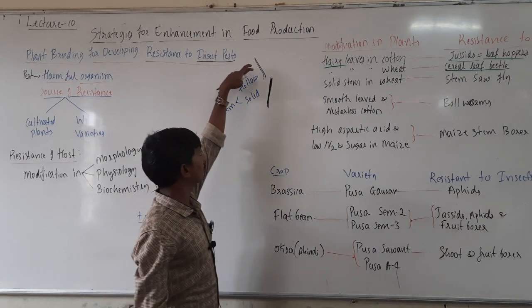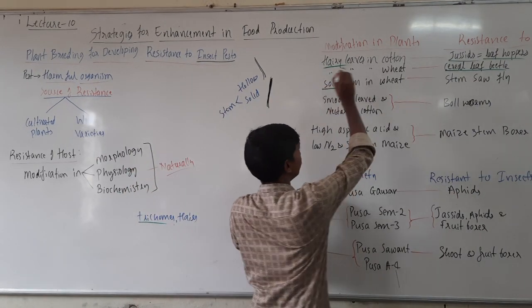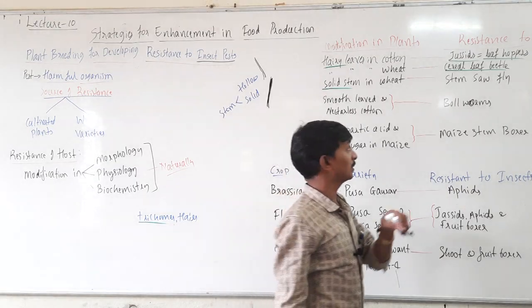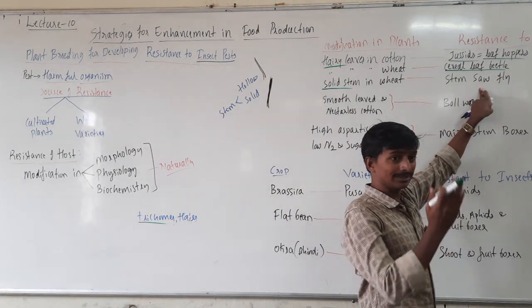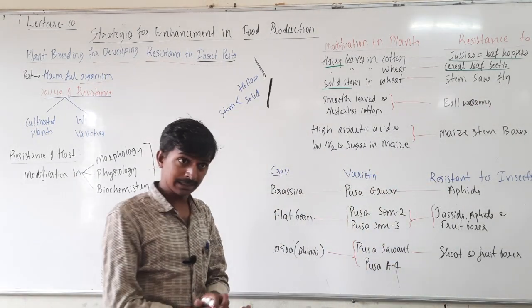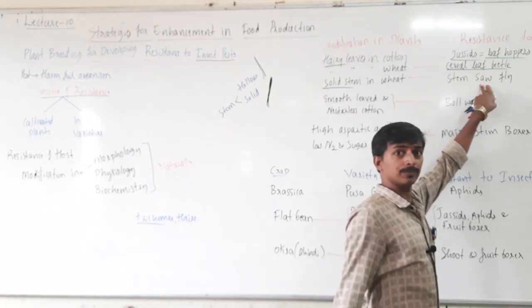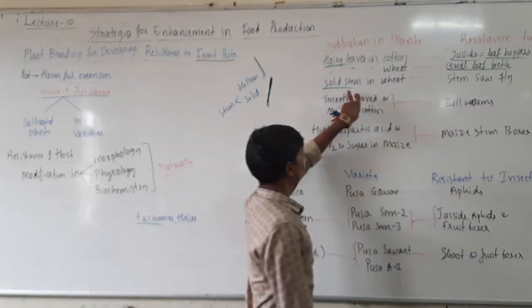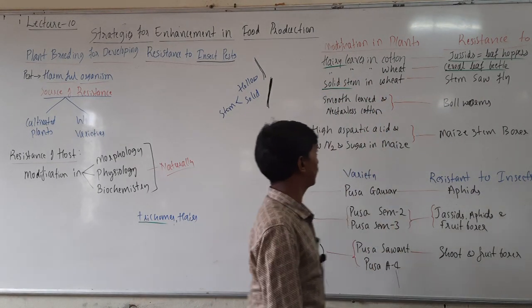So, hollow stem, solid stem. If the stem is solid, then the plants will be resistant to the stem sawfly. Saw means one of the cutting instruments used by carpenters. Similarly, the insect has mouth parts like a saw. So, if the stem is solid, then the plant will be resistant to the stem sawfly.